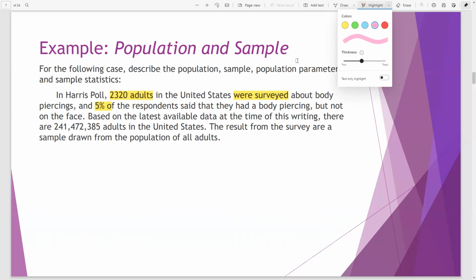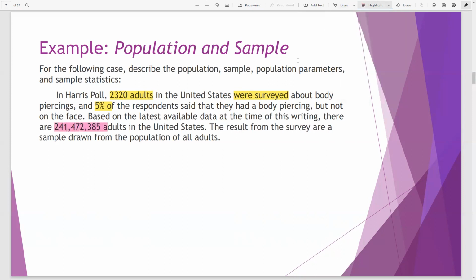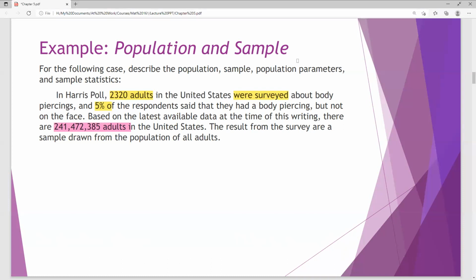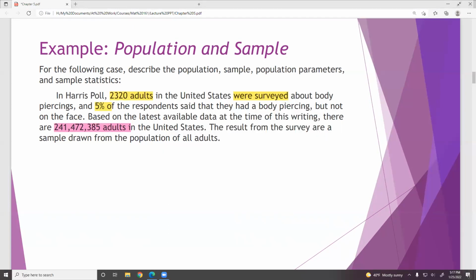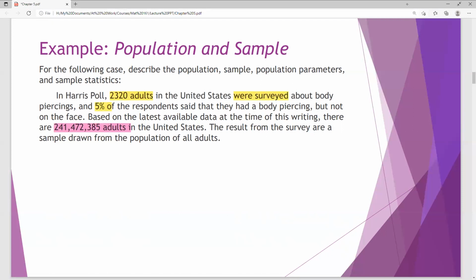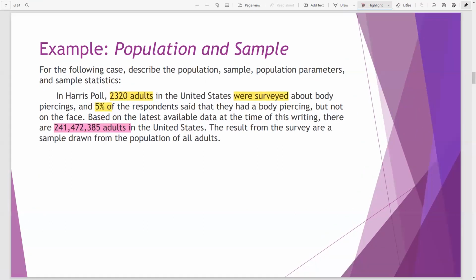Then, the latest available at that time, there were that many million adults in the United States. So basically the result from the survey is a sample drawn from the population of all adults.